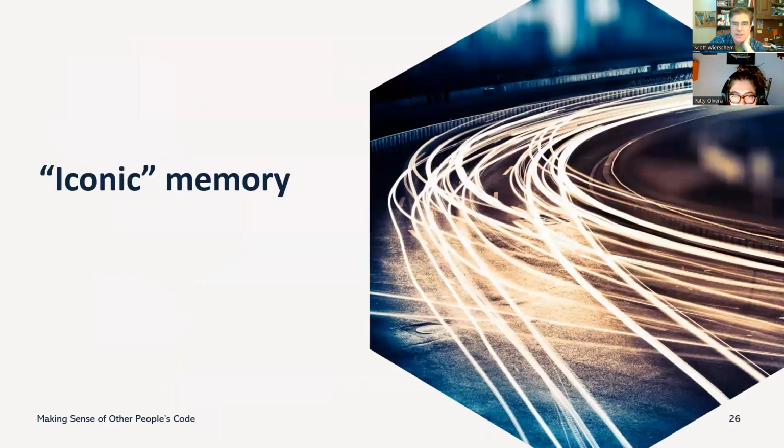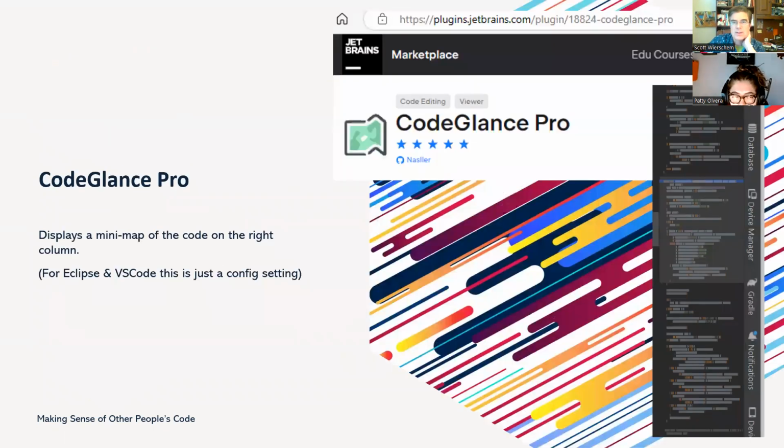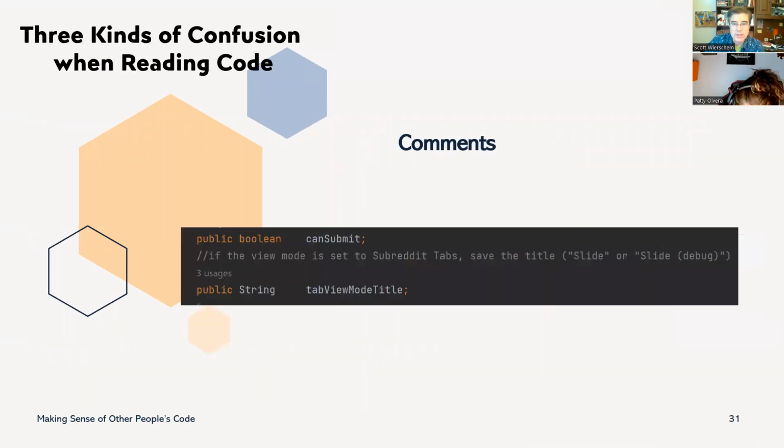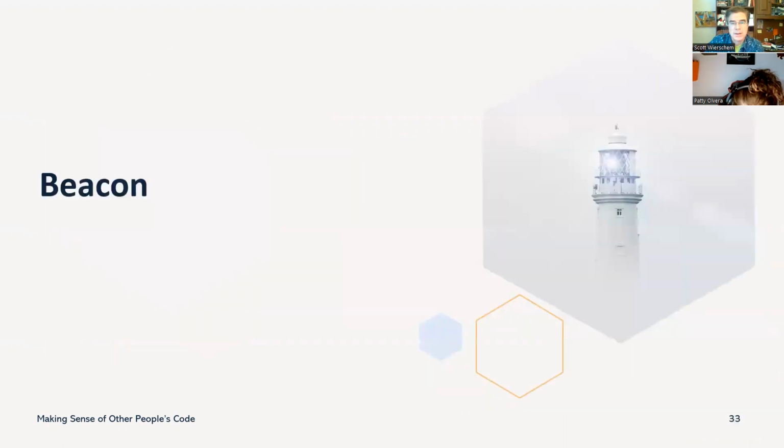Okay, so we did this stuff. We saw the cool CodeGlance Pro. We learned about design patterns, which are a way of chunking things. Comments are a way of setting beacons.